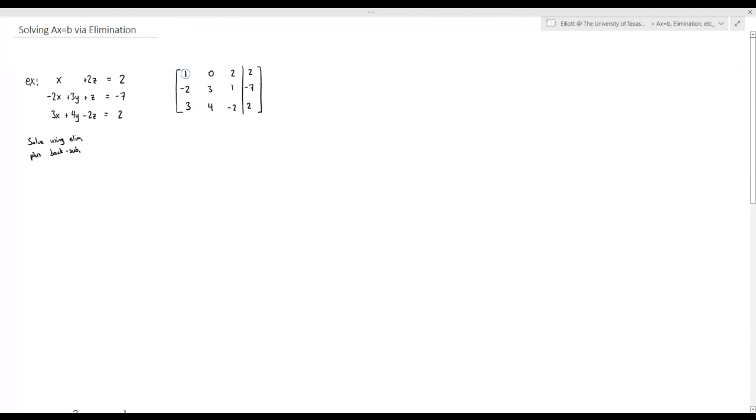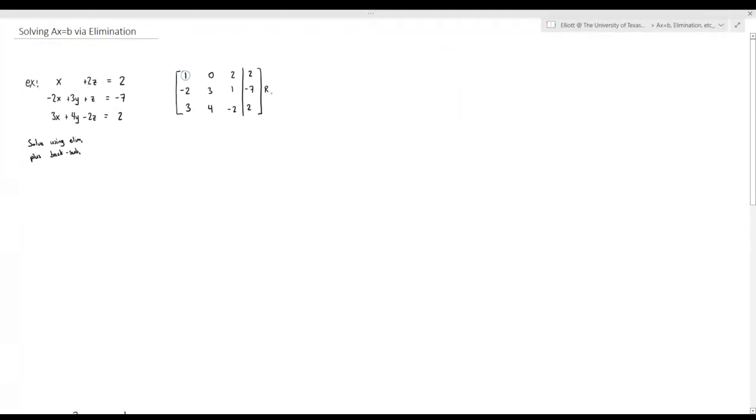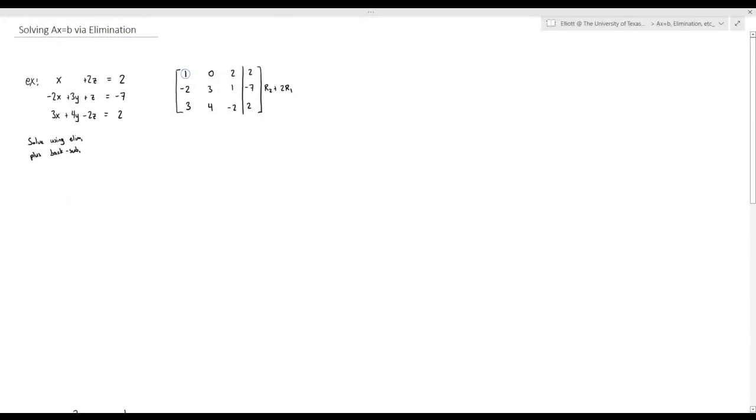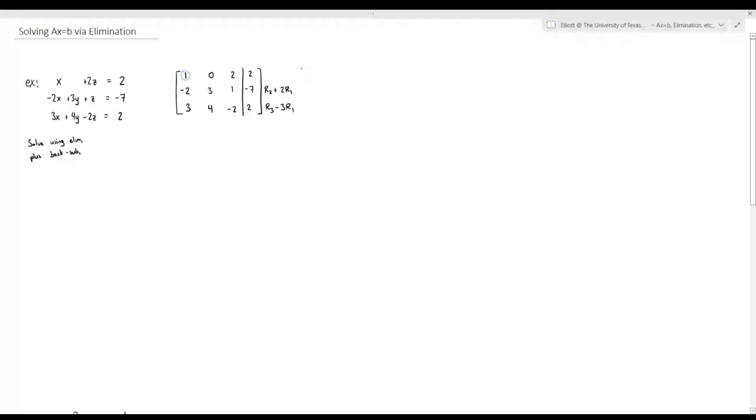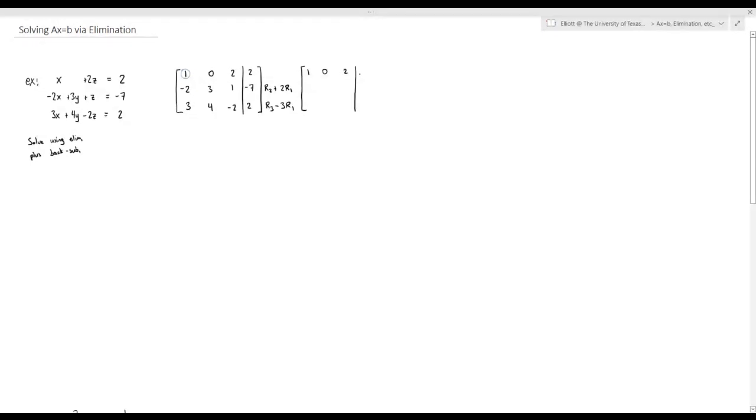So to eliminate the negative 2, we could take row 2 and add 2 of row 1. And if we want to eliminate this 3, we could also take row 3 and subtract 3 of row 1, okay?